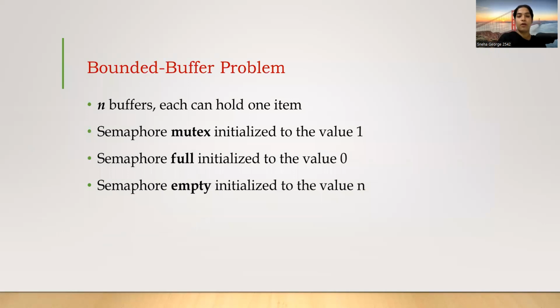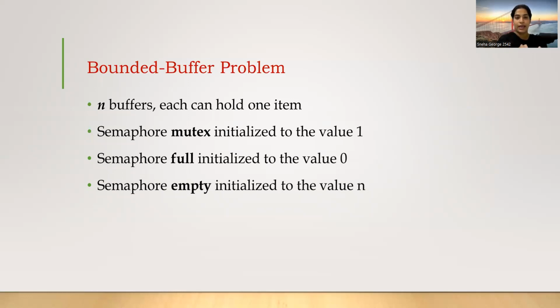The bounded buffer problem is otherwise called the producer consumer problem. The producer is producing an item and the consumer is consuming an item. When the producer is producing an item, the consumer has to wait till the producer finishes producing, and vice versa.